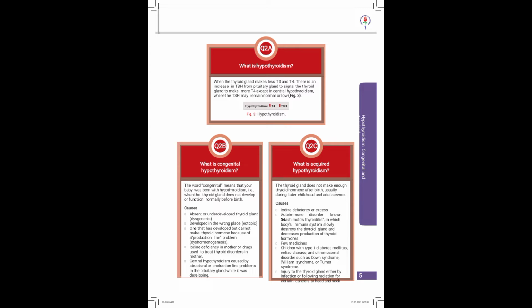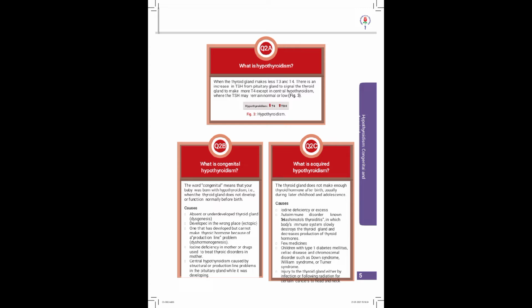When this upregulation and control mechanism fails, it produces various signs and symptoms, and this is known as hypothyroidism. Thus, hypothyroidism has decreased T3 and T4 and increased TSH, except for central hypothyroidism, where the TSH level can be normal or low.